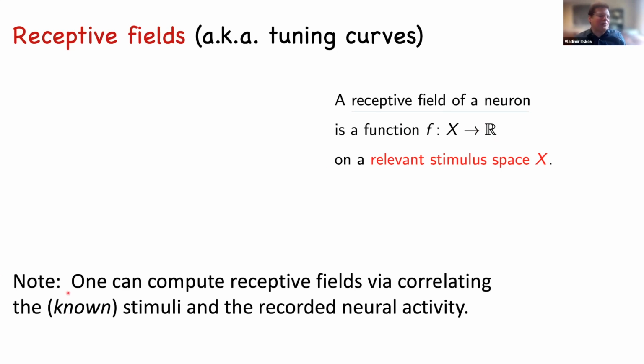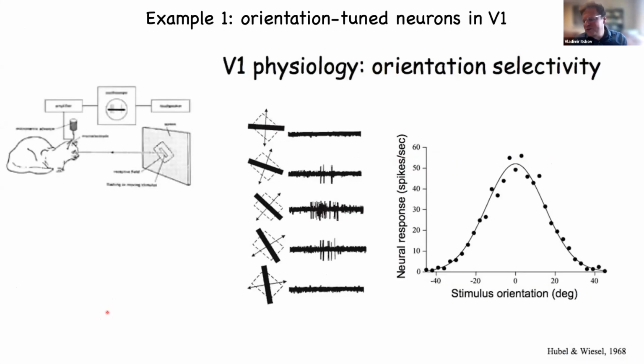And of course, if you look at a well-understood system, you know what your relevant stimuli are. You can measure firing rates from experiments, so you can easily compute receptive fields. We are correlating the known stimuli and neural activity. This is, of course, a classical example from the 60s, V1 orientation tuning.